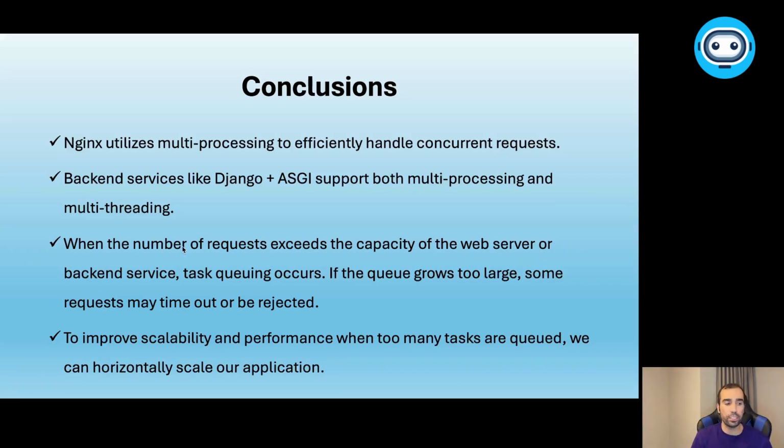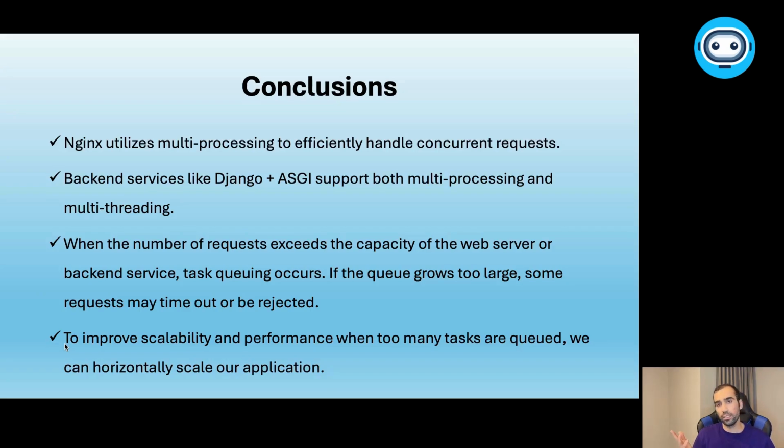When the number of requests exceeds the capacity of the web server or backend service, task queuing occurs. If the queue grows too large, some requests may time out or be rejected. We said that if there are a lot of requests and we have only one web server, or a number of web servers, but still the task queue is large, I need to scale my application, either horizontally or vertically, depending on the scenario.